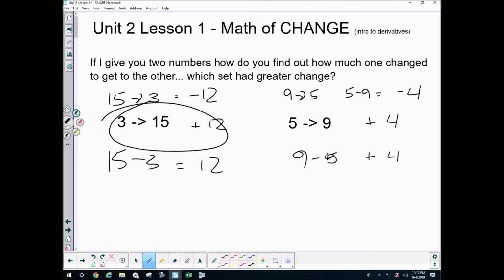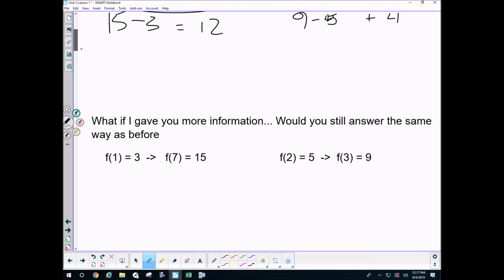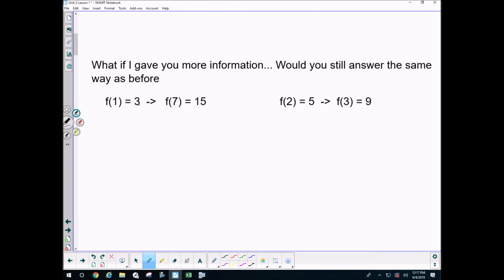The problem is that there's no real context. I'm going to give you more information about those values. I'm going to give you an x-coordinate that goes with 3 and an x-coordinate that goes with 15. So I changed 12, but over the course of 6 x's.